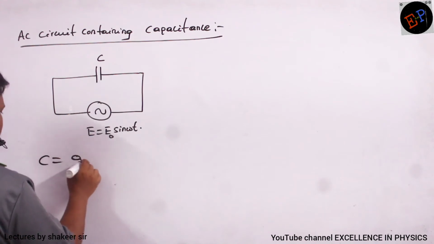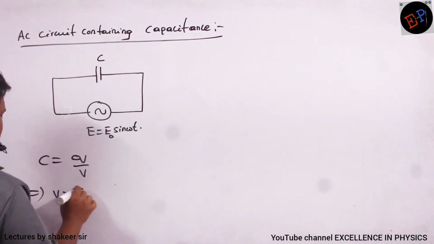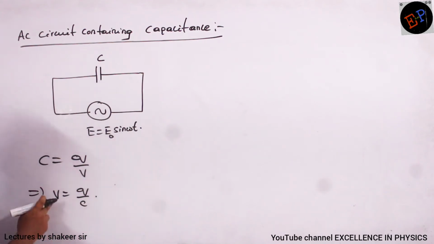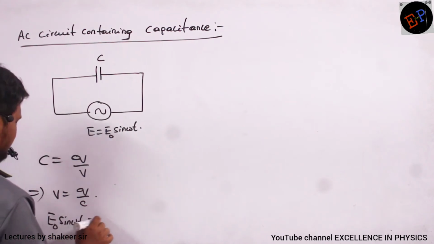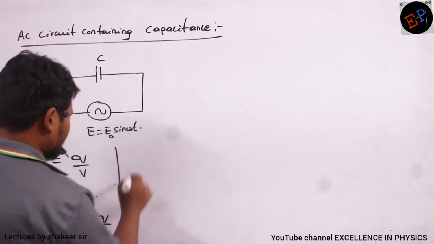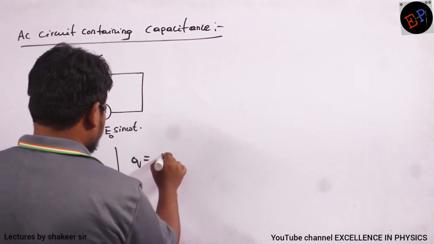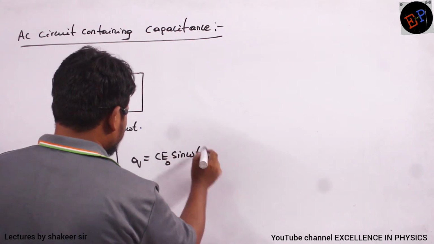C is equal to Q by V, or V is equal to Q by C. V is nothing but the supply voltage. V can be written as E naught sin omega t equal to Q by C. So Q can be written as C E naught sin omega t.